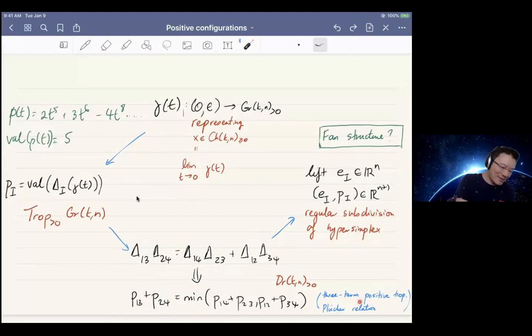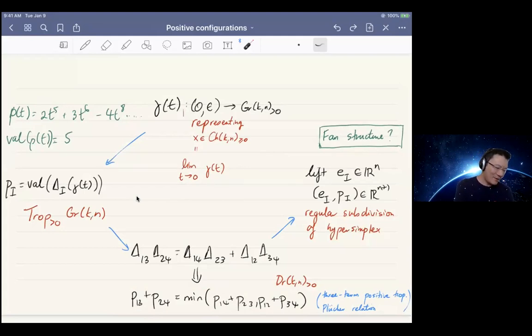The positive part comes from the fact that I insist that gamma of t lands inside this positive Grassmannian, which means that the Plücker coordinates are positive for all epsilon. So for very small epsilon, the first coefficient of the Plücker coordinate has to be positive, and as a consequence, you'll get this relation, just by extending the power series out.